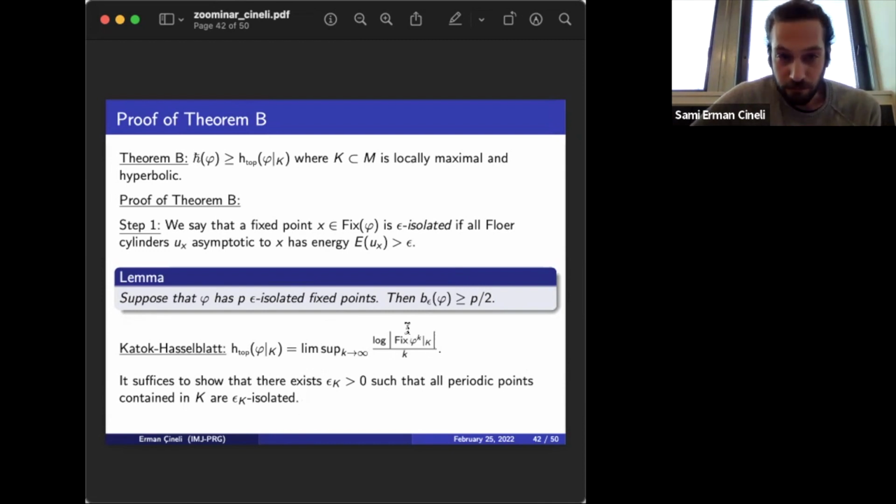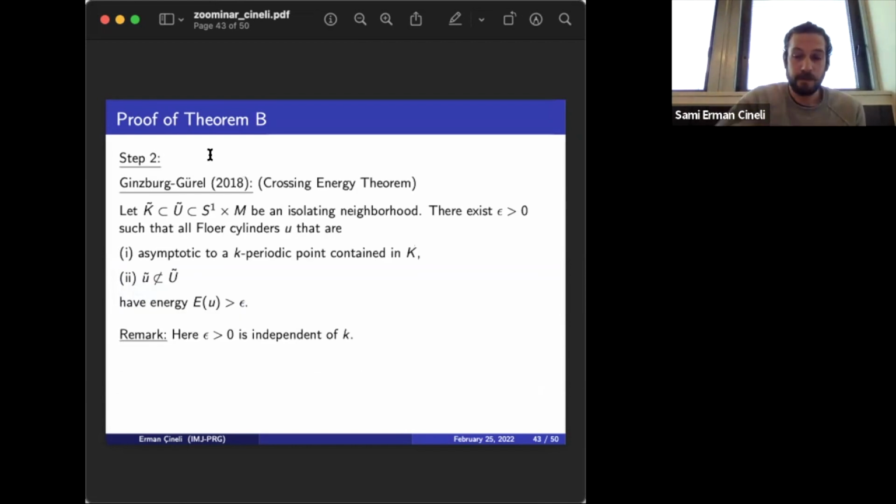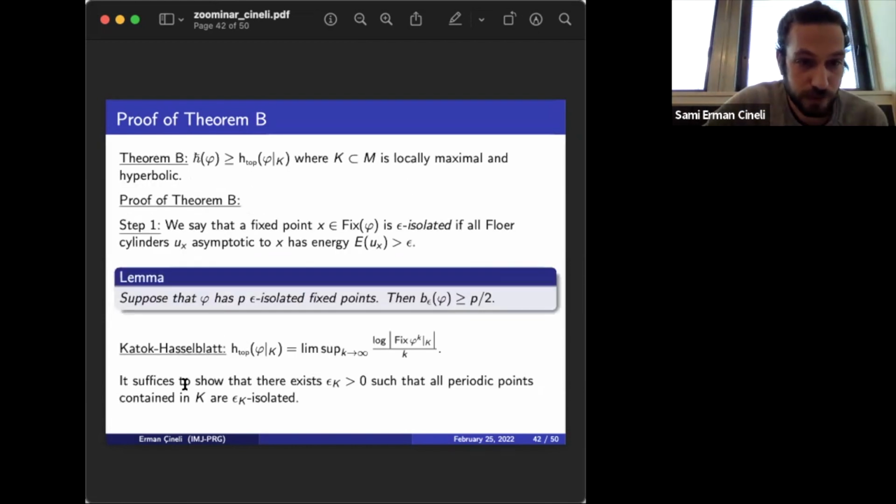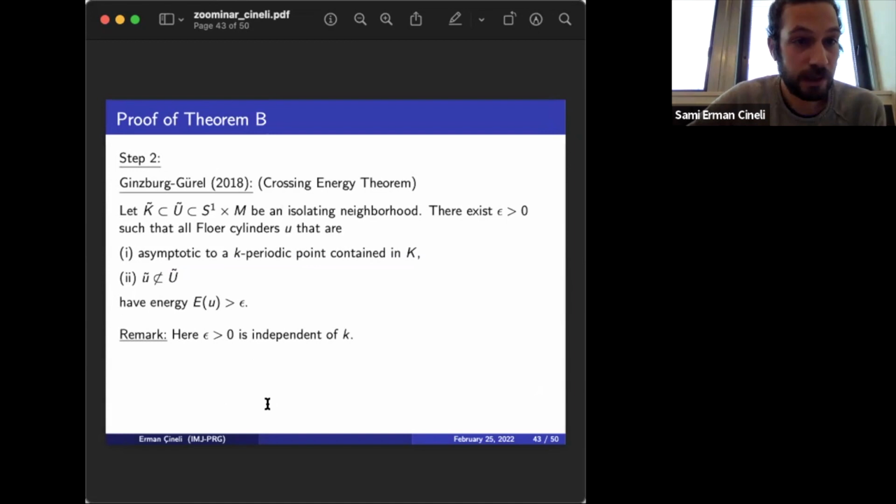Then we divide this number of periodic points by 2. That doesn't change the growth, and we will arrive at theorem B. So now we are trying to show that all periodic points here are epsilon k isolated.